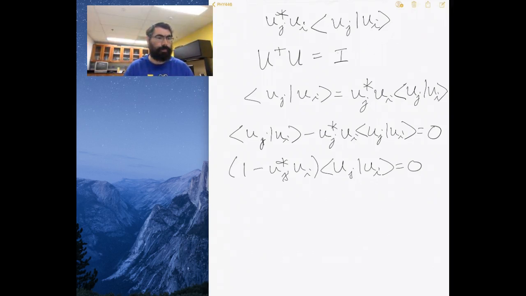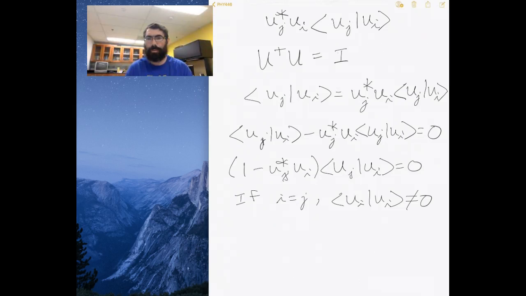If I first look at the inner product, say i is equal to j, so I'm in the same basis, then this inner product, u sub i with itself, is not going to be equal to 0, because this inner product should be positive semi-definite.